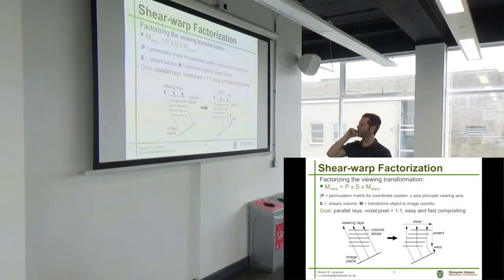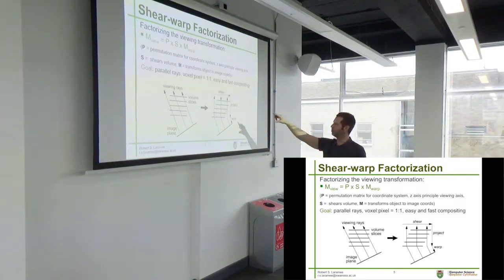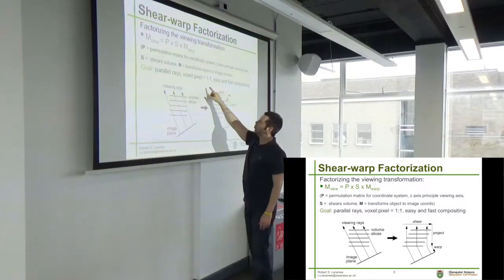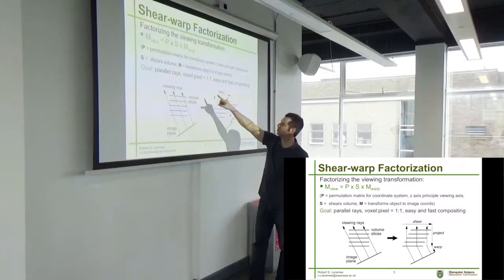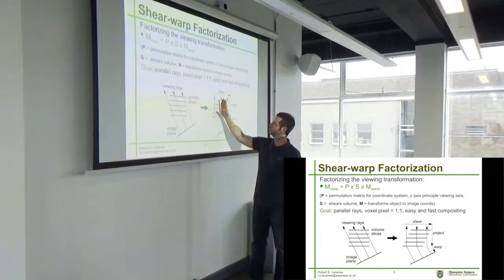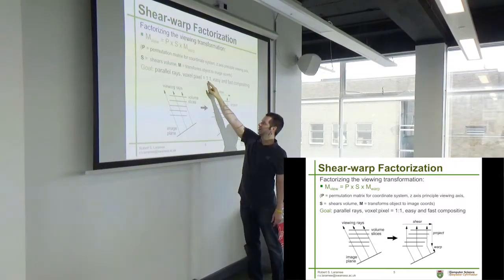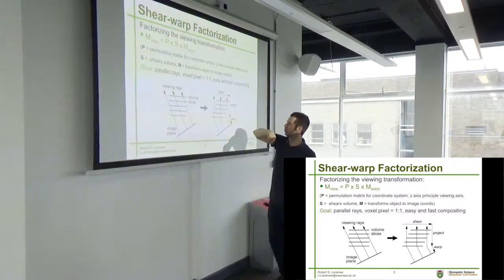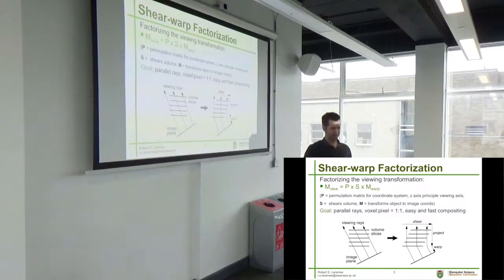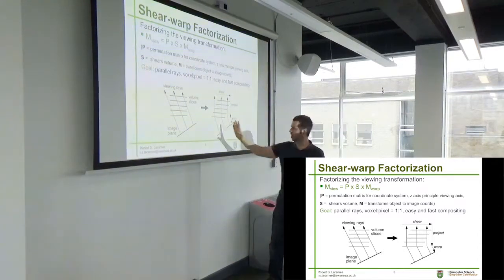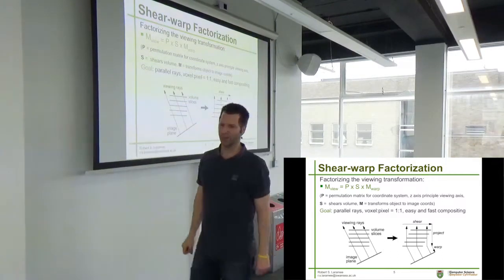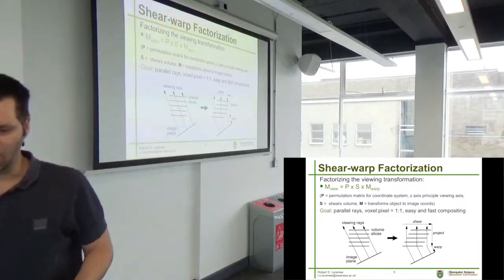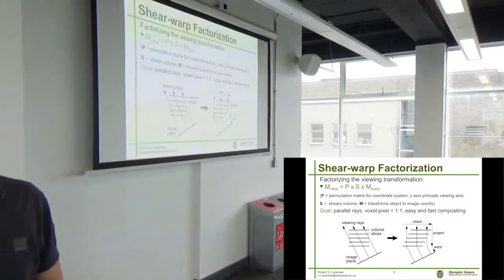That's hard to understand, so we're going to talk about it more. But the goal is to get parallel rays, parallel to the volume data, and to derive a one-to-one ratio between voxels and pixels, so that the voxels line up with each pixel. And hopefully that will make more sense. That's the overview.